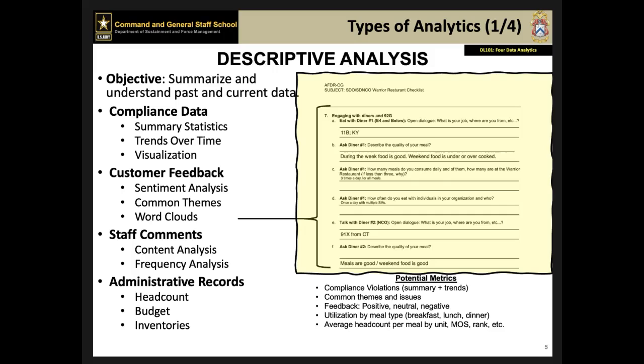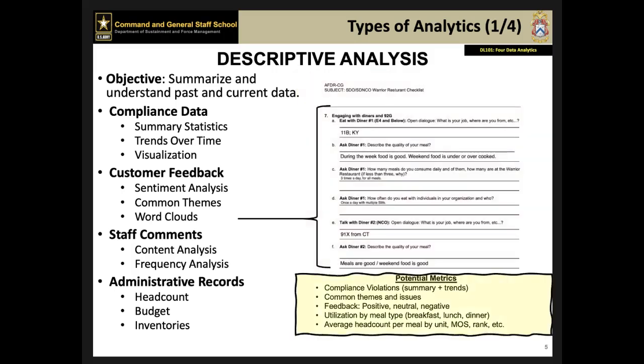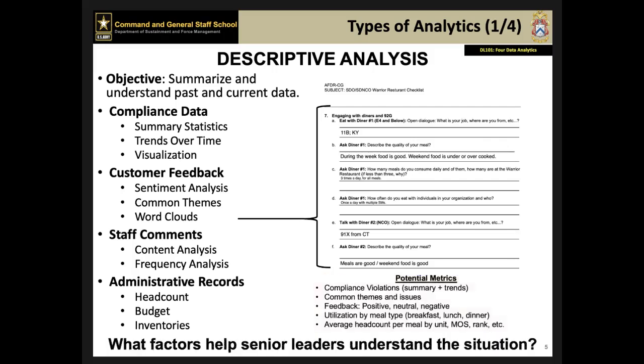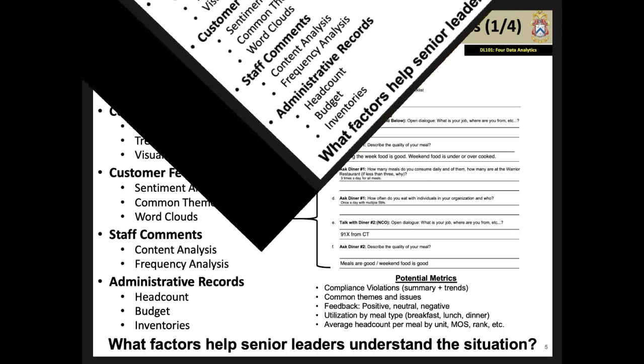As you can see, there's a mix of quantitative and qualitative data available. We may be able to use these raw data to form metrics or measurement standards that help describe the big picture. Perhaps one of our metrics can help senior leaders better understand the issues involved.